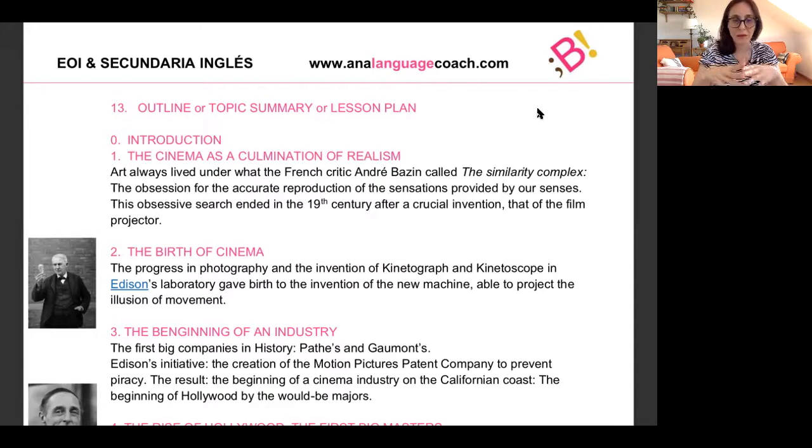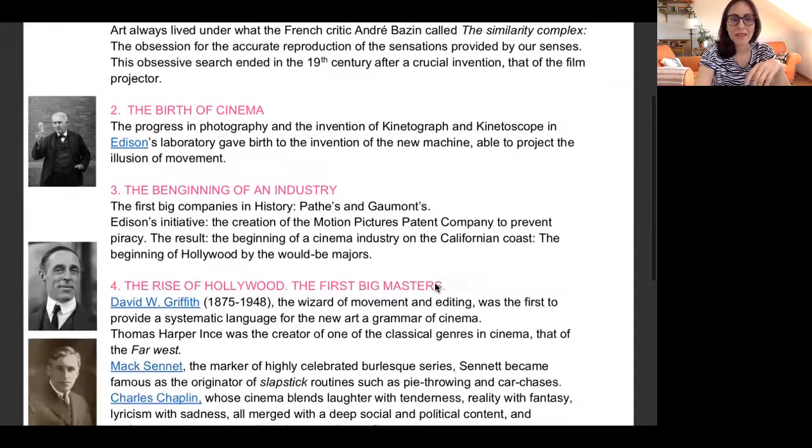The birth of cinema, the progress in photography, and the invention of the kinetograph and kinetoscope in Edison's laboratory gave birth to the invention of the new machine able to project the illusion of movement. The beginnings of an industry, the first big companies in history, Pathé, that comes from pathos, which means emotions, right, feelings in Greek, and governments.